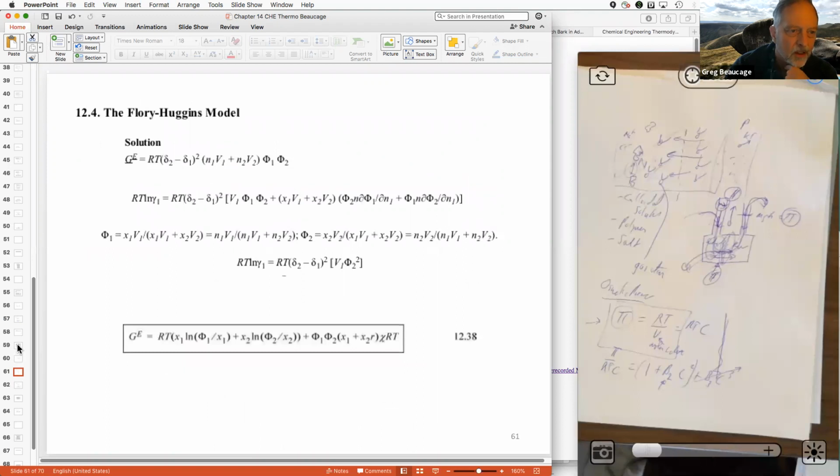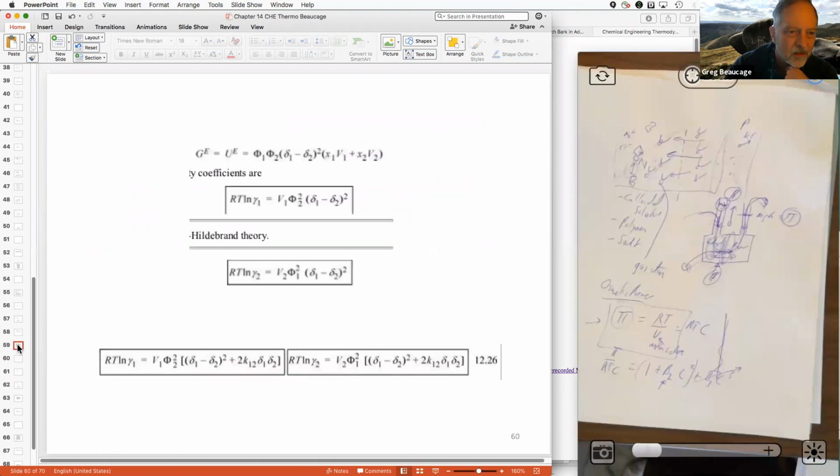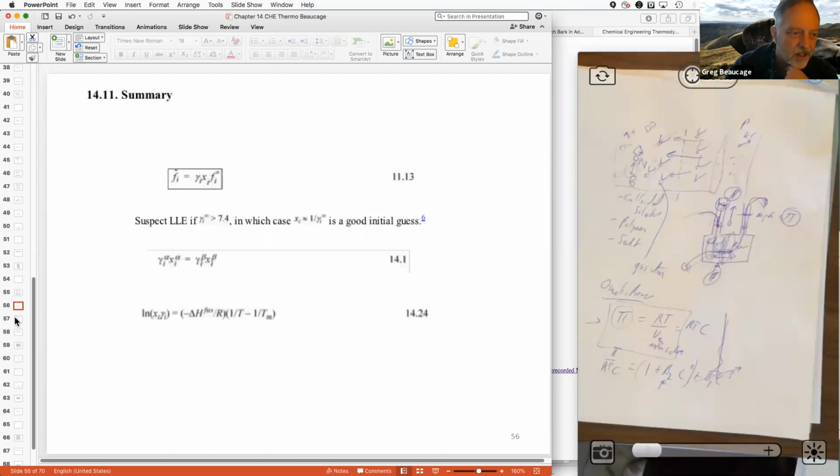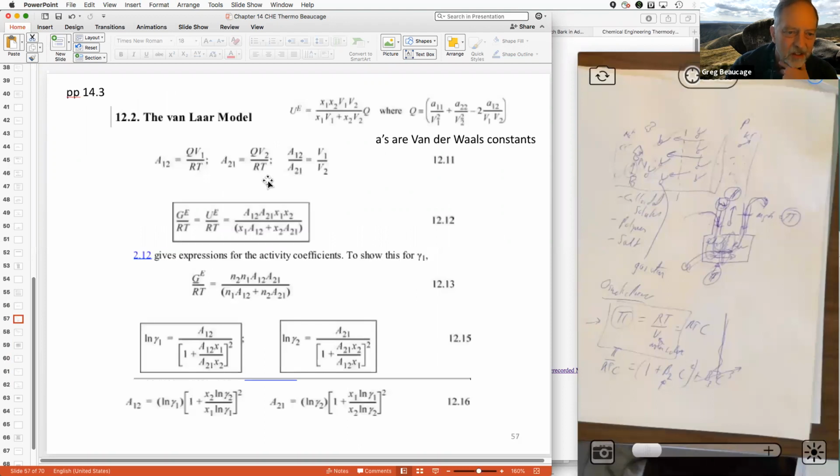So there's a bunch of models in chapters 12 and 13. I mean, there's probably 10 models or something. The Van Laar model is just like the two-parameter Margules, but it goes on to more parameters.